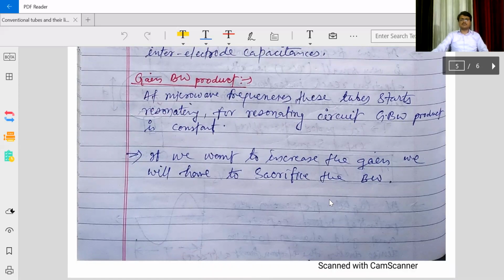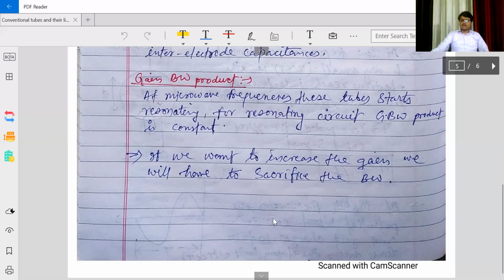Now, another limitation of the conventional tube is gain bandwidth product. At microwave frequencies, these tubes start resonating. For a resonating circuit, gain bandwidth product is constant. If we want to increase the gain, we will have to sacrifice the bandwidth.